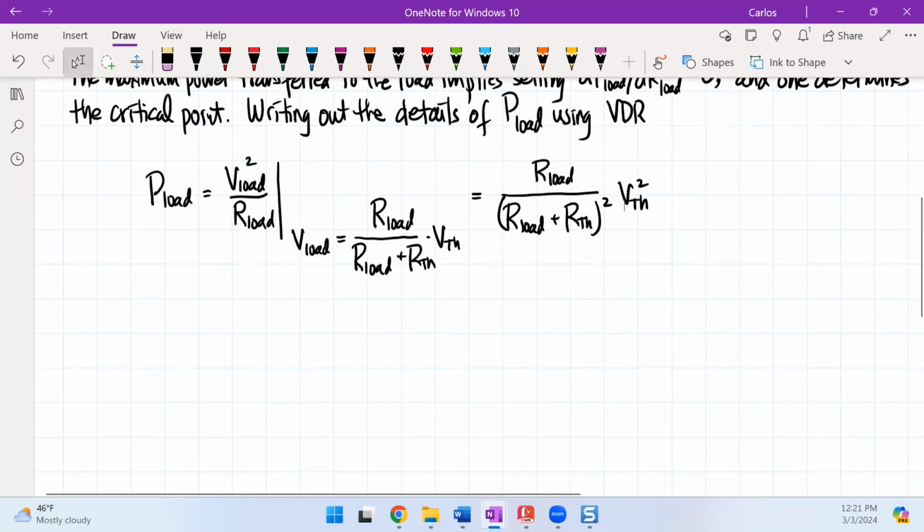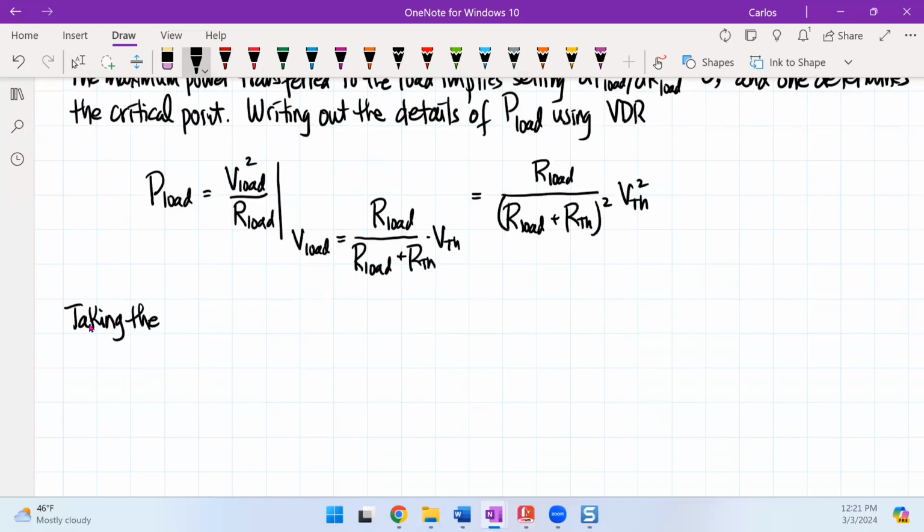Now we take the derivative of this to get the critical point. So taking the derivative of this.